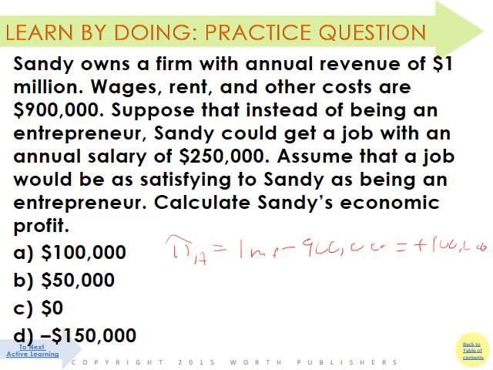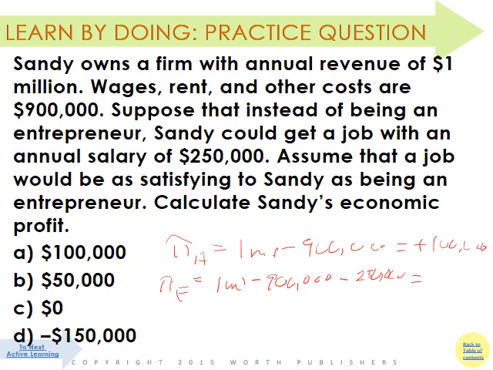Okay, now when you calculate economic profit, it's your 1 million in revenues minus the explicit costs minus any implicit costs that are relevant in this decision. And if you could have earned a salary of $250,000, you would have to subtract that in calculating economic profits.